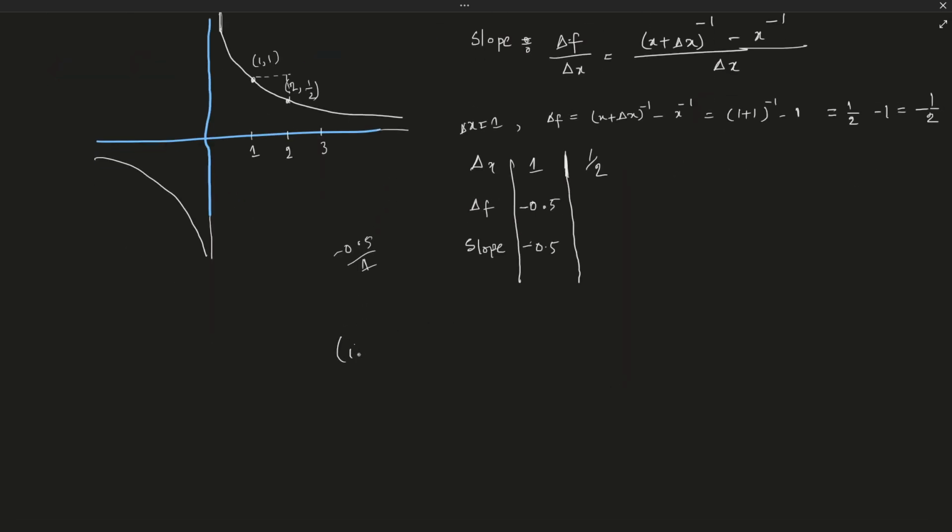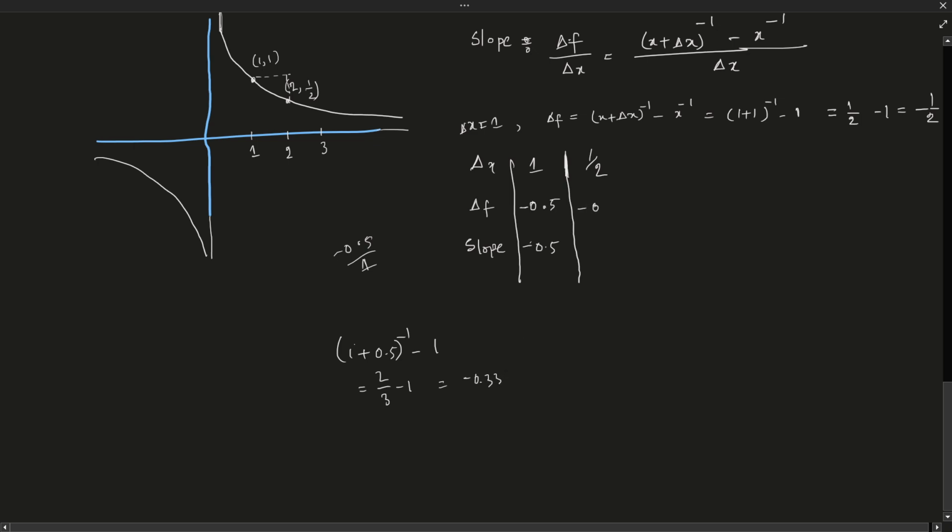It will be 1 plus 0.5 inverse minus 1, so it's 1 plus half, so it's 2 by 3 minus 1. We have an inverse here.